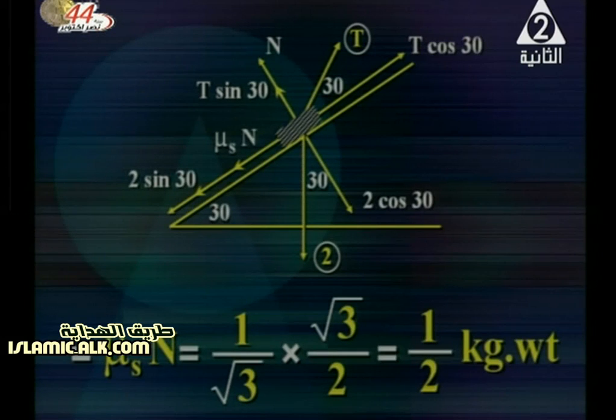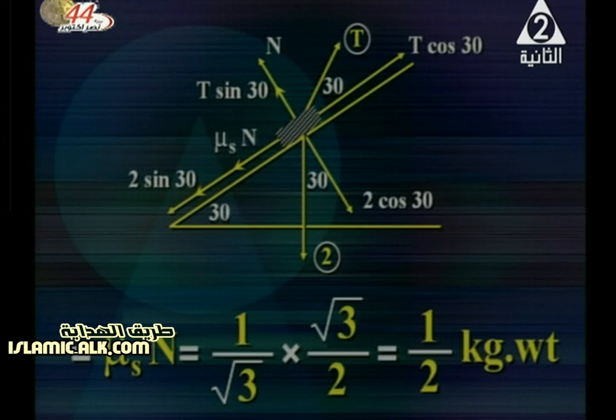Look at, dear student, the opposite figure, we have tension T. Tension force T, we resolve it in the direction of the line of greatest slope as T cosine 30 and in the normal direction.